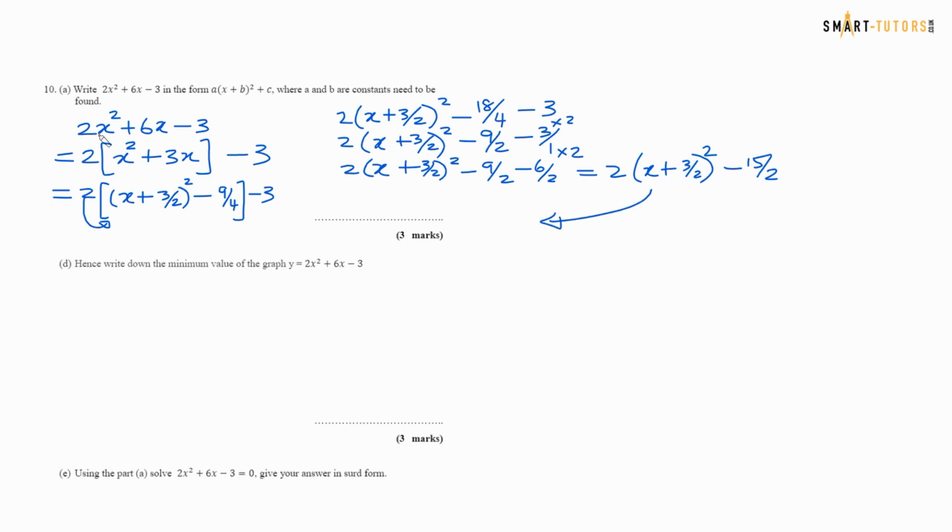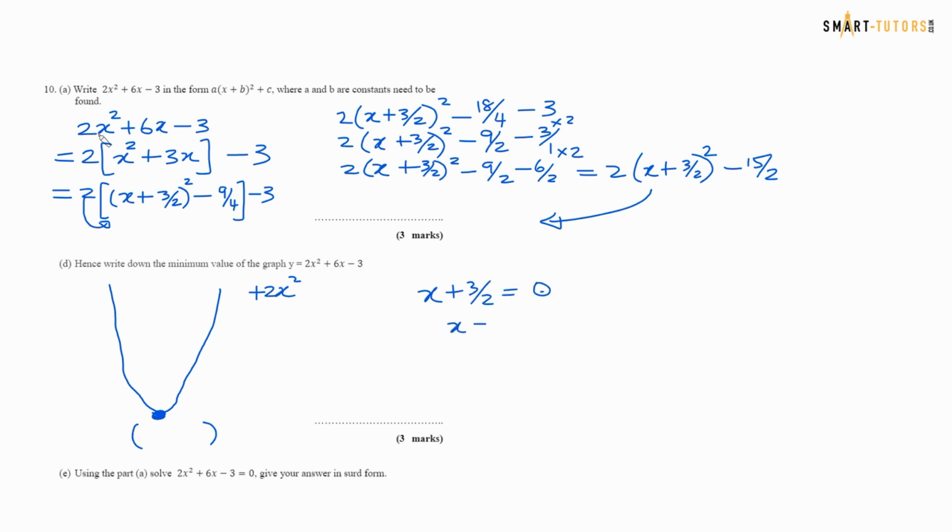Now the graph's minimum point. So this graph is exactly the same as the previous graph. It is a happy face graph because 2x squared is a plus, so 2x squared always means a happy face graph. So for that graph's minimum point, take the x part, so x plus 3 over 2 equals 0.